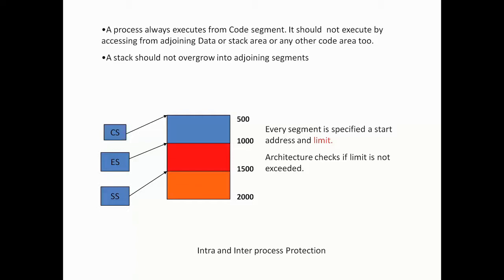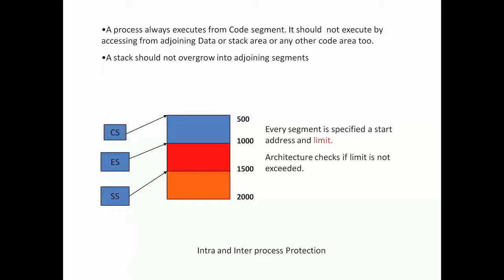So, for example, there is a program that is executing as you see in the slide. There are 3 segments for it, one is a code segment, another is a data segment, another is the stack segment. The code segment is pointed to by CS, the data segment by ES, just for a change, and the stack segment by SS, right.